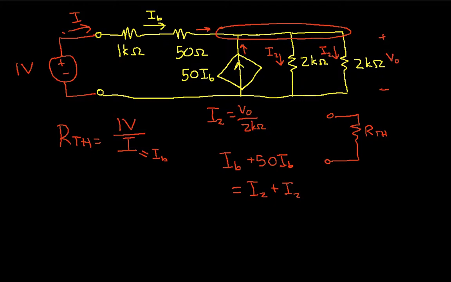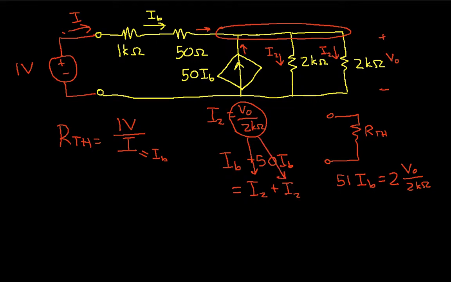We can then simplify this equation to 51 I sub B is equal to 2 times V0 over 2 k ohms. We get this by substituting V0 over 2 k ohms into I sub 2 here and here.